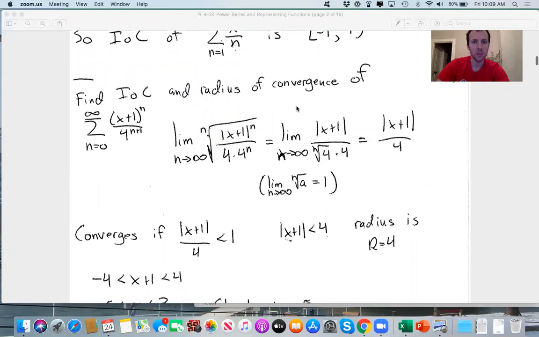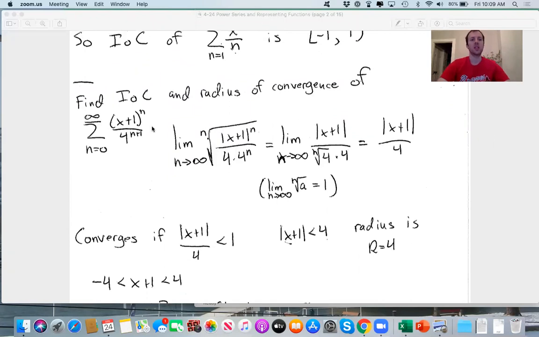So as an example, we can say here is a power series centered at -1, because in this case, the Cn is 1/4 to the n plus 1.